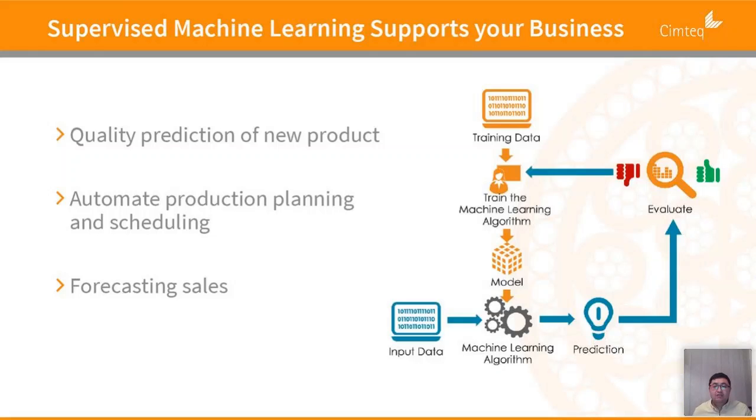We can use current cable design data to train the module to predict the quality of a new product. For example, robotics cables, usually for robotics arms, are bent millions of times over their life cycle.